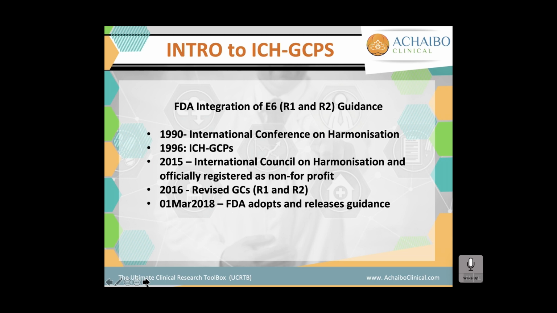They did an initial revision, which was revision 1, and then they did revision 2. I mean, just look at the distance from the time period between 1990 and 2016. So many changes happened in clinical trials, particularly decentralization, innovation, the use of technology in clinical trials. So that changed a lot of things.